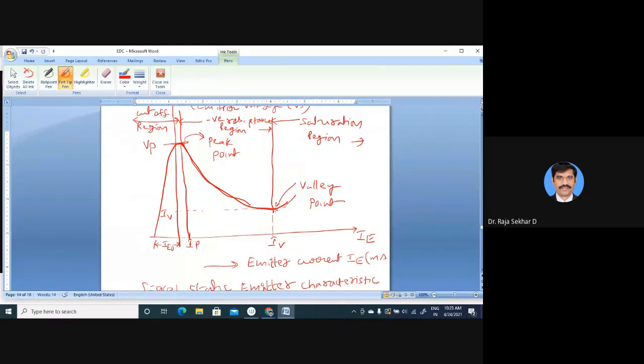Now when base B2 is open, that is IB2 is equal to 0, now it becomes the positive resistance region, that is also called saturation region. The point at which it changes is called valley point. Here this is VP, VE.